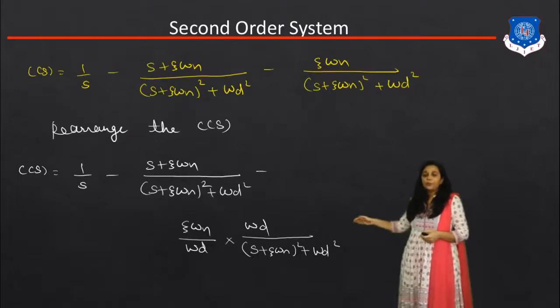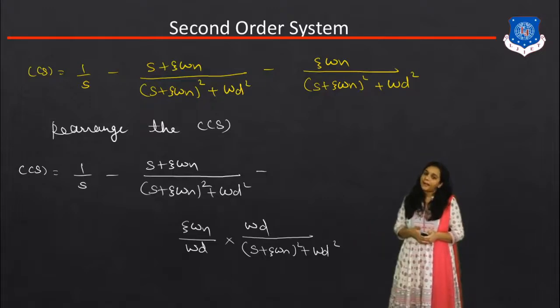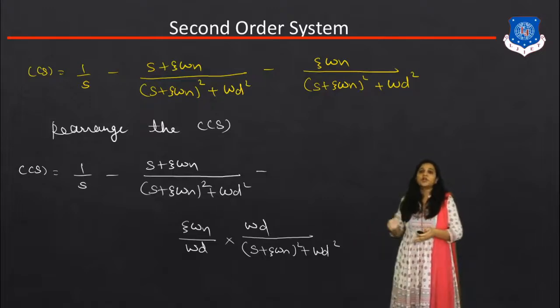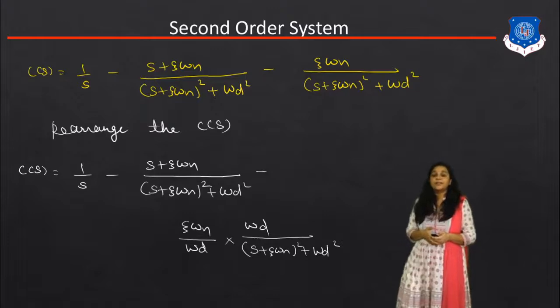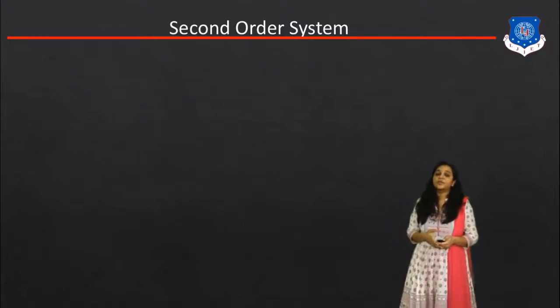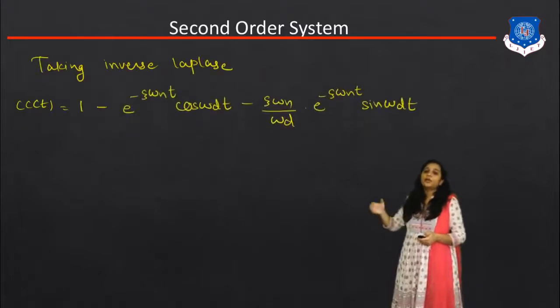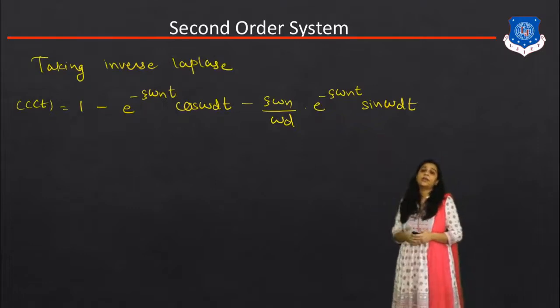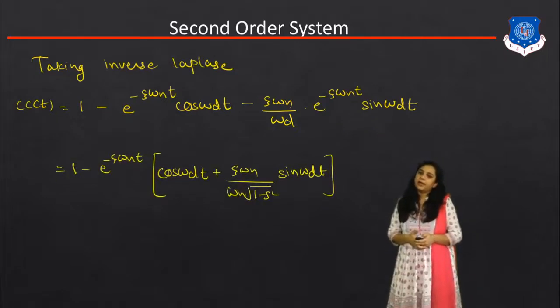In this term, zeta omega n and omega d stay as they are, and the inverse Laplace of omega d upon (s plus zeta omega n) whole square plus omega d square is equal to e raised to minus zeta omega n t sin omega d t.